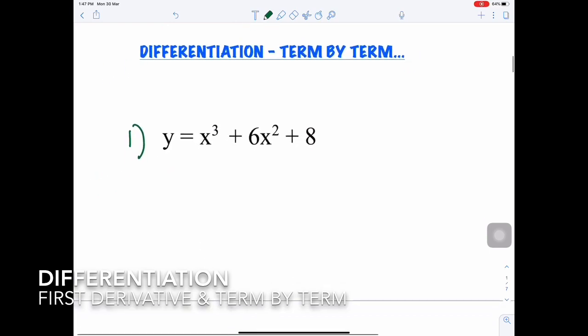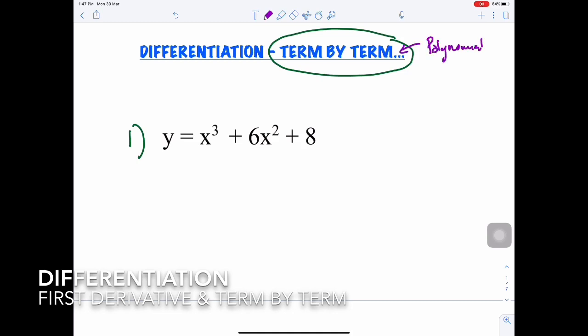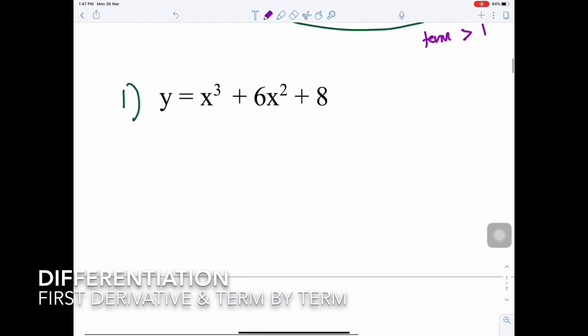Now the second subtopic is term by term. How to differentiate term by term. Term by term means, for example, a polynomial, with more than 1 term of x. Let's write example 1.